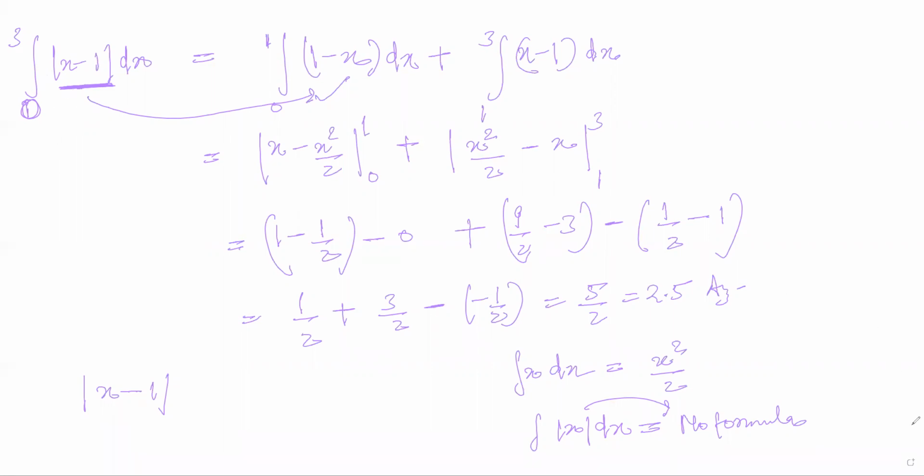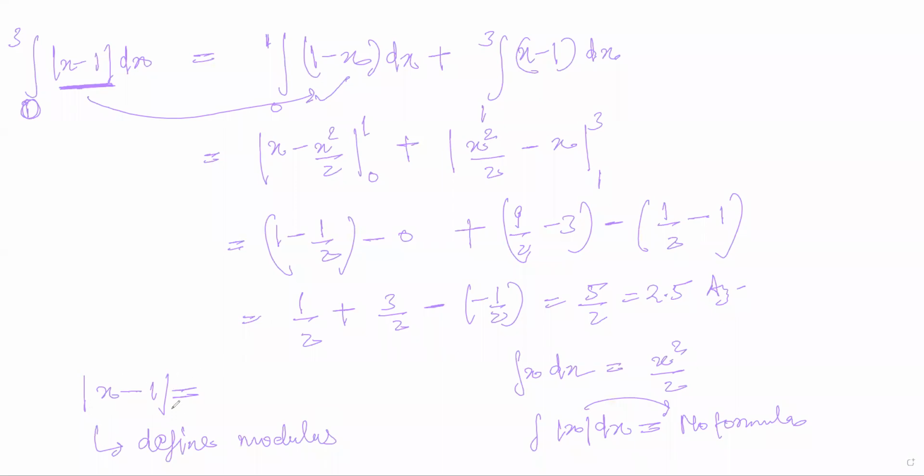Now, the second rule is how will it happen in case of limits? In case of limits, we need to define this function mod x, that we just learned. So let's say if I want to define mod of x minus 1, what does that mean? To define a modulus basically means that we have to remove these bars.